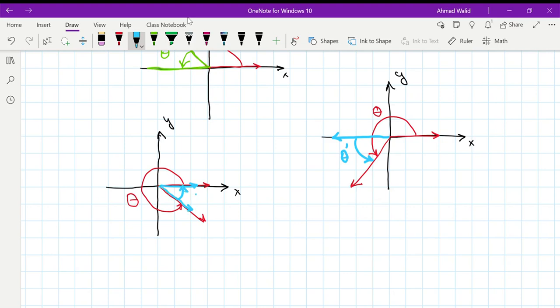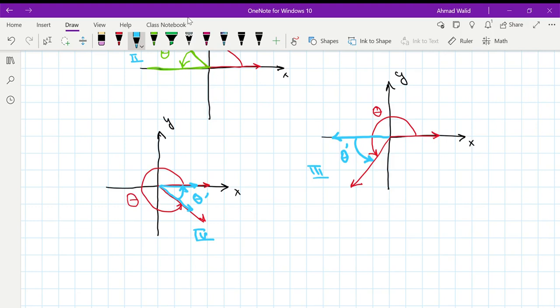Correct? This is your theta prime. This is quadrant 4. This is quadrant 3. And the first one was quadrant 2. Correct? Later I'll give you all of them, how to calculate.